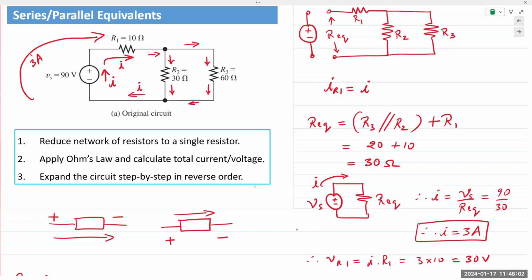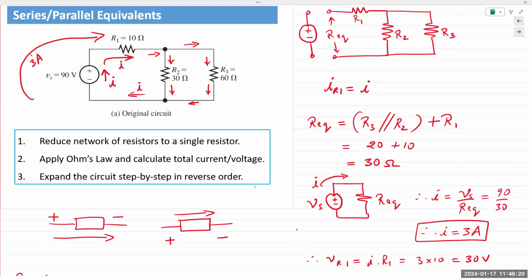Voltage Vs supplies current, total current I. I has nowhere else to go except through R1. When it goes through R1, it causes a voltage drop to appear across R1. Apply Ohm's law, and you can determine it as 30 volts.